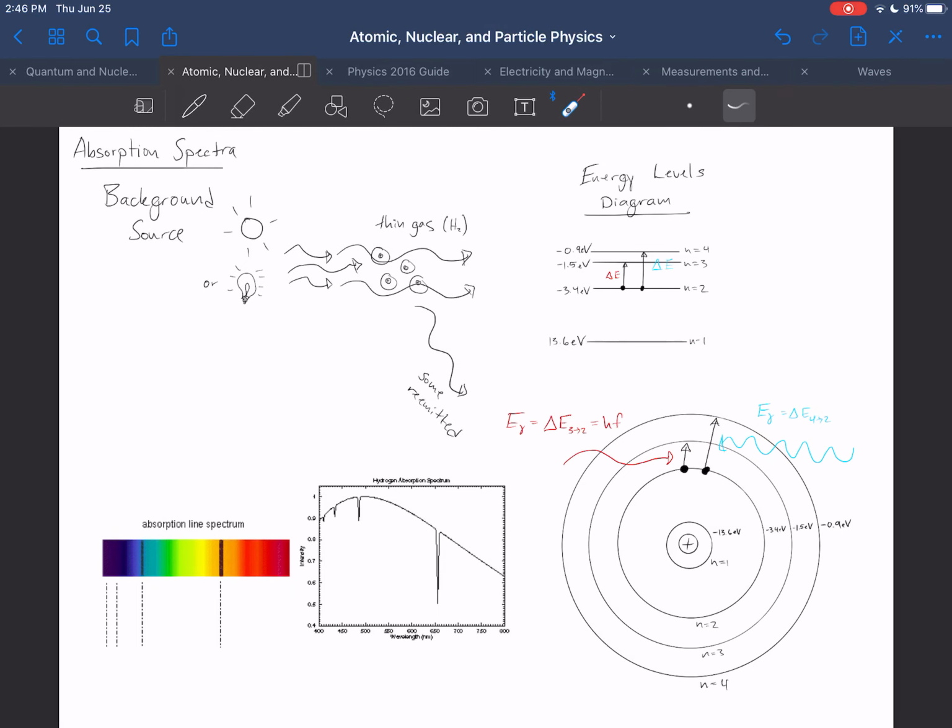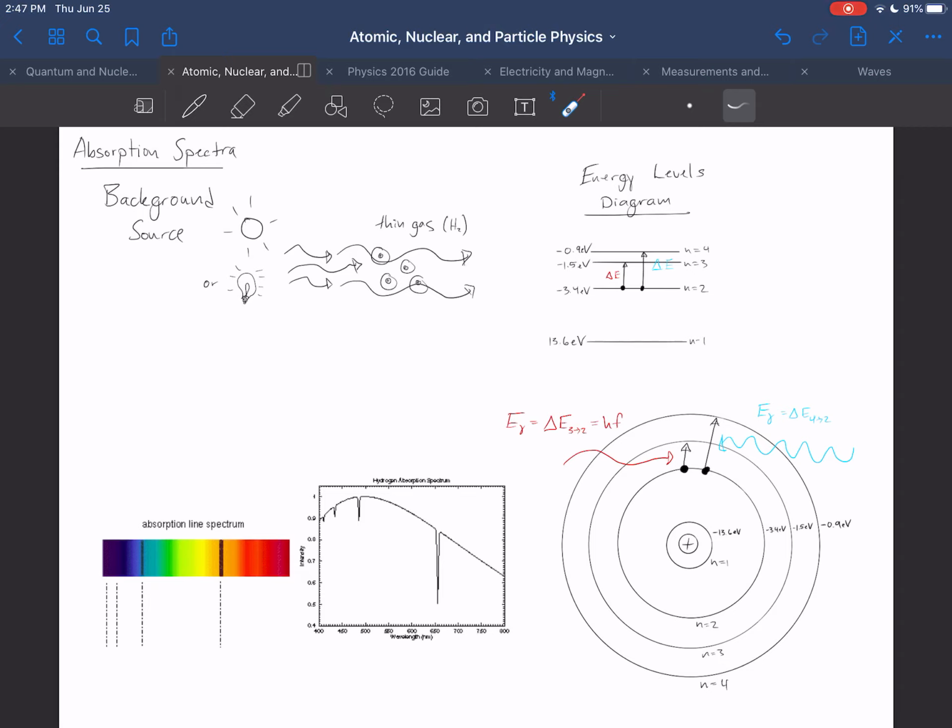All right, so if we want to analyze this in terms of the energy levels, then what we might do is invert our energy levels diagram here. So when that light comes in, the electrons in the hydrogen, for example, absorb only those wavelengths that correspond to the difference in the energy levels.